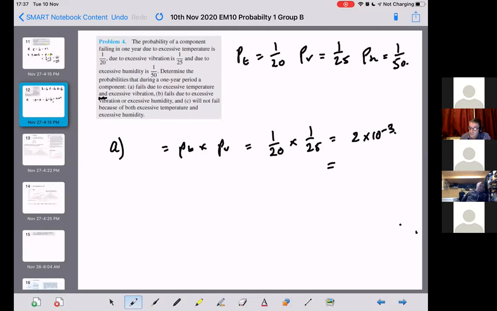I've now got 2000 times 10 to the -6. Yeah, that's still the right answer. Just the way your calculator's set up. But 2 times 10 to the -3 is 0.002.